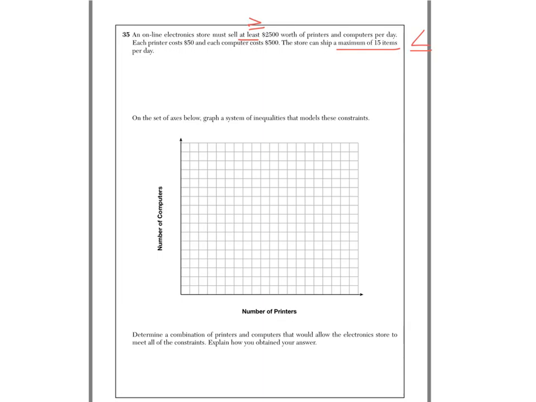So I have two inequalities in terms of cost, and this is one total. And I also have one in terms of items, which is the other inequality. So in terms of cost, each printer costs $50 and each computer costs $500.